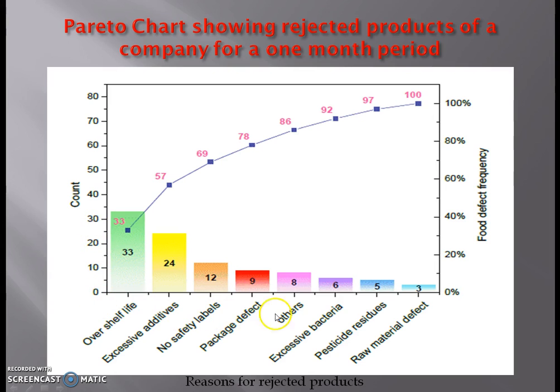And our x-axis, which is down here, showing the individual values of the reasons, which are depicted in descending order by bars.